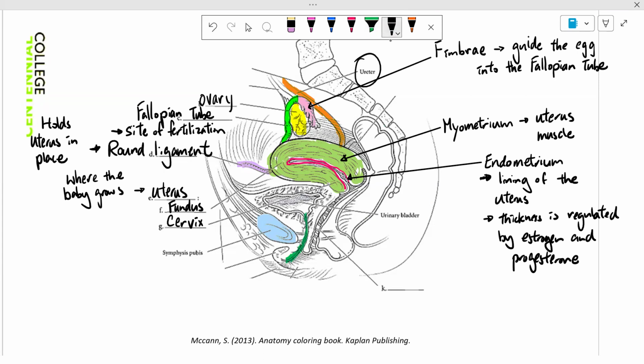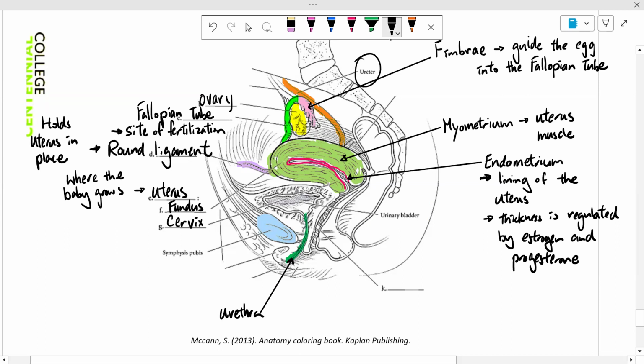What is that? You guys just did your kidney quiz 2 days ago. You should know what that is. Urethra. Very good. That is a urethra. Look, it's connected to the urinary bladder, right?